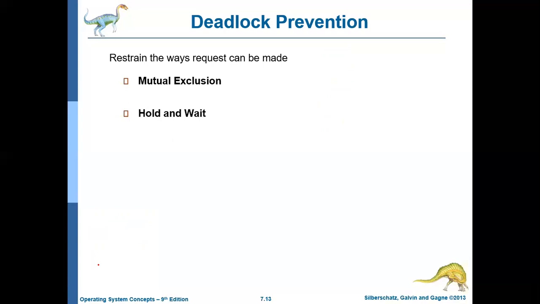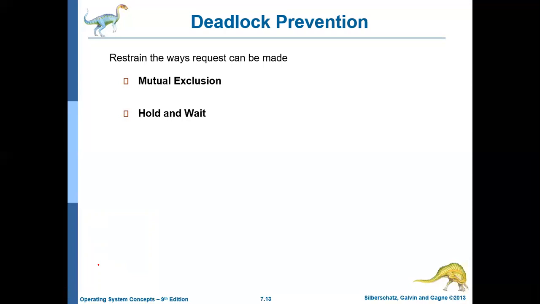So hold and wait, what does it say? The logic of hold and wait is that a process is holding one resource and waiting for another resource. If you take an individual process, it is holding one resource and waiting for another resource.